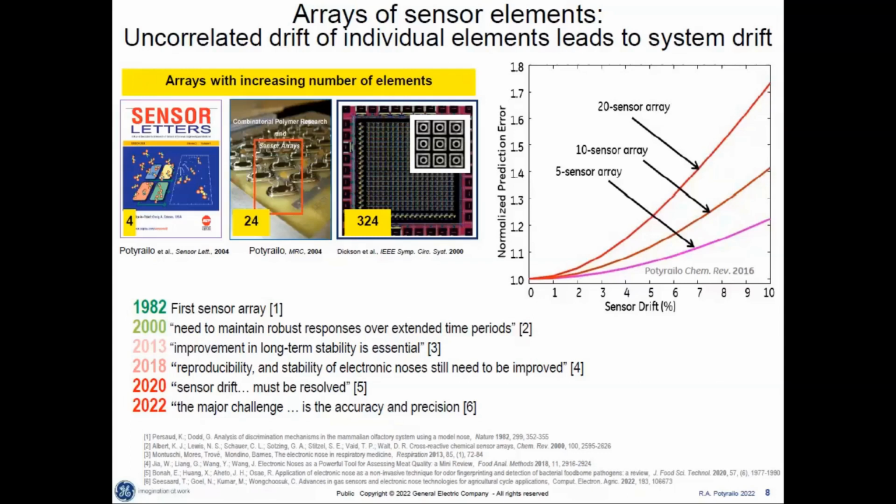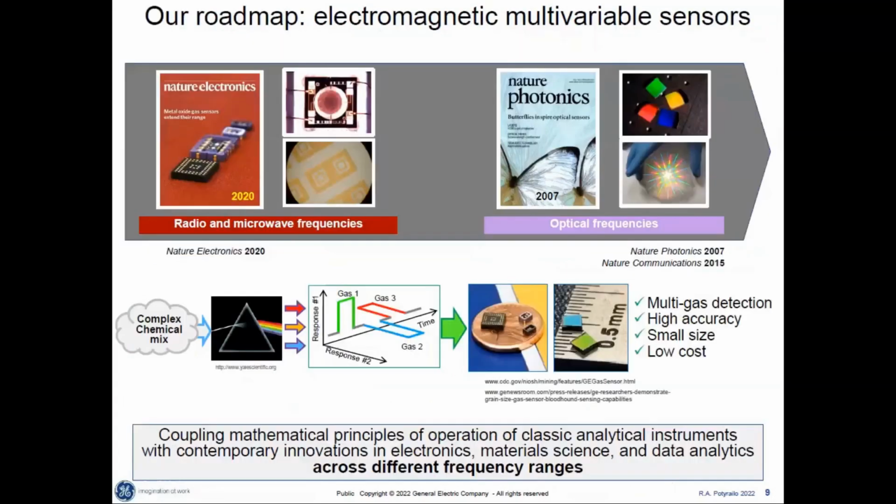This has been going on for 40 years, and every review article up to now says that drift of the system is a challenge we need to work on. So our approach is to use a single sensing element with multiple outputs.